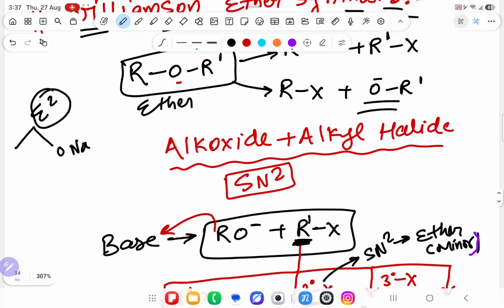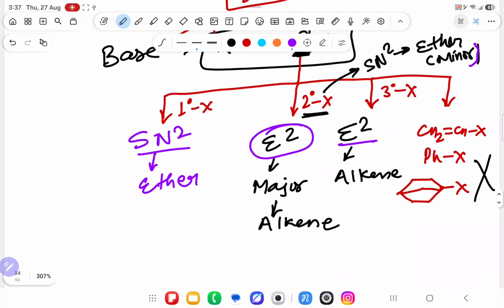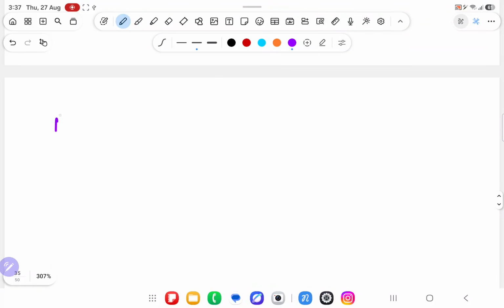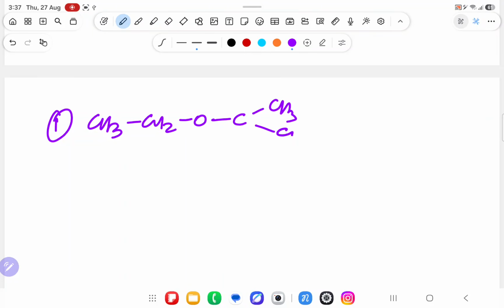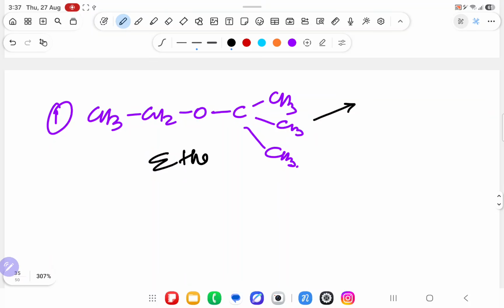Now some examples. You will have to know this flow chart. Suppose I write CH3CH2OC(CH3)3. They are asking by which alkyl halide and alkoxide this ether has been formed. Tell me which one is attached with X and which one is attached with O minus.